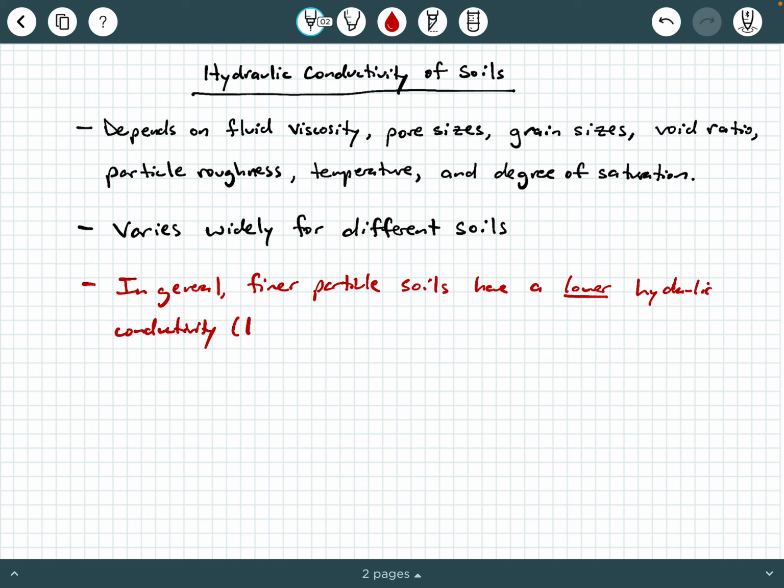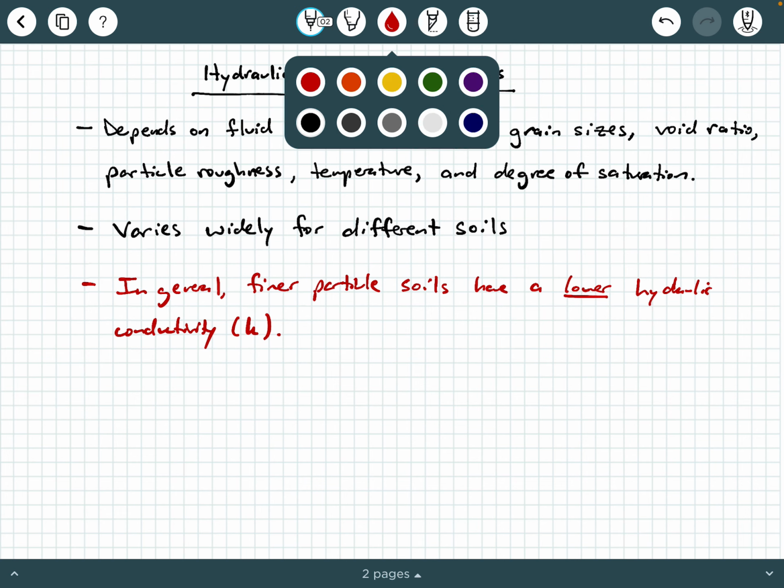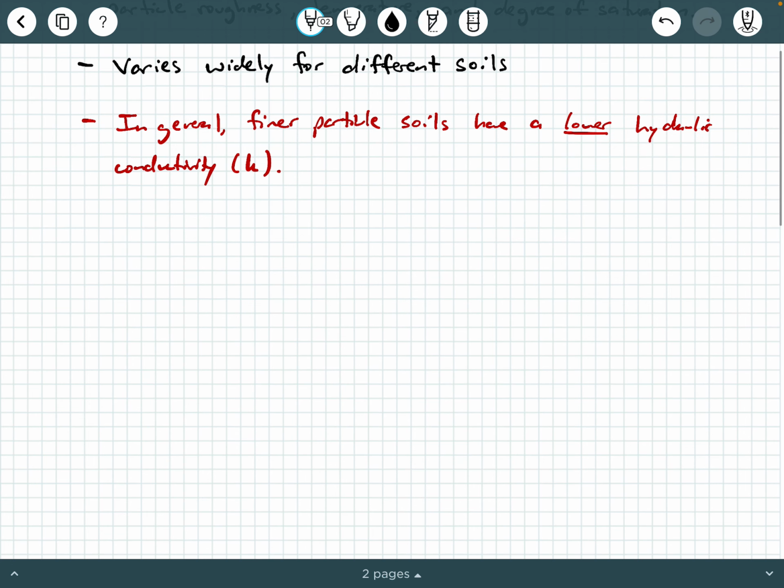Again, we call that K. So for example, if we were to draw this out in a little flow chart, lower hydraulic conductivities would be like your clays, and then you would get to your silts, and then your sands, and then your gravels.